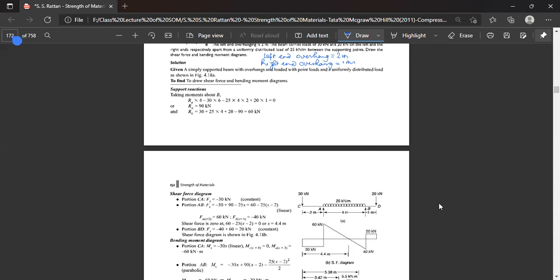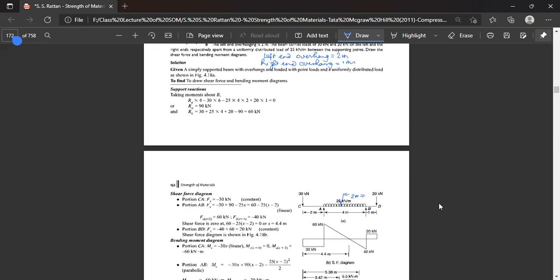So first of all, we have to calculate the reactions. If we take the moment at point A, then the reaction RA multiplied with 4 meter is anti-clockwise in nature, minus 30 kilonewton times 2, minus 25 multiplied by 4, with its line of action at the center, which is away by 2 meter.